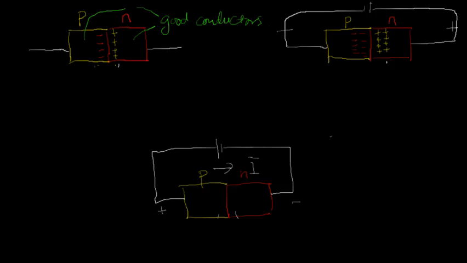So let's say I want to try and draw a graph, a graph of potential against x. Let's say x is this direction here.